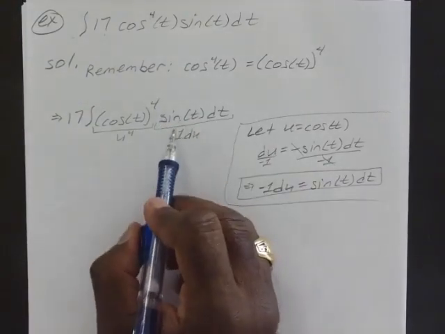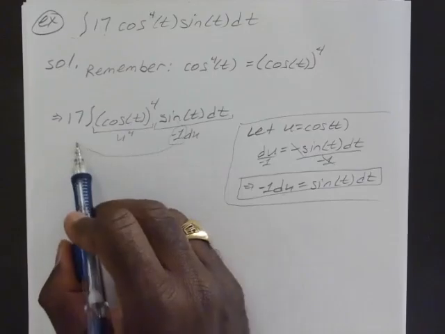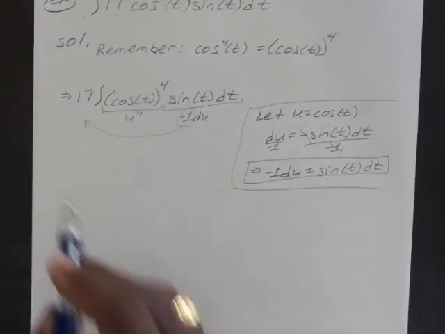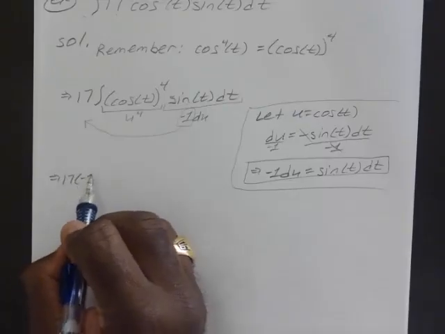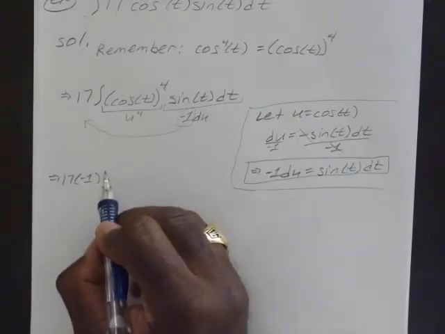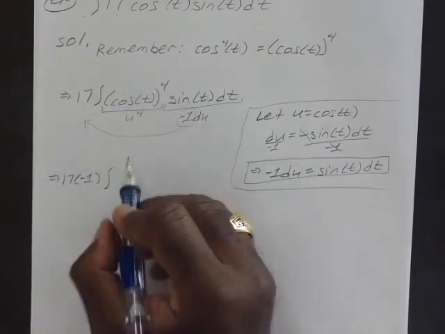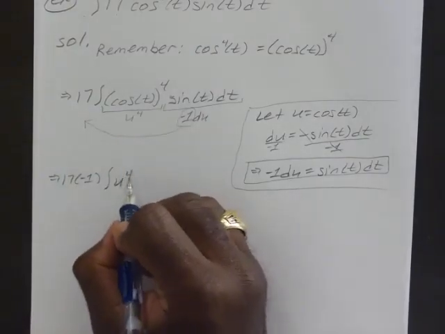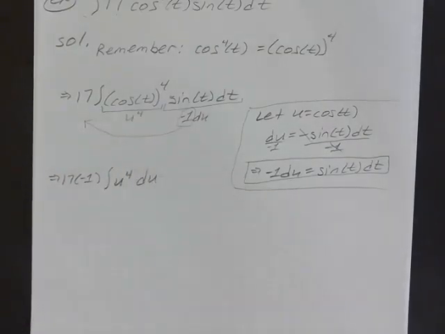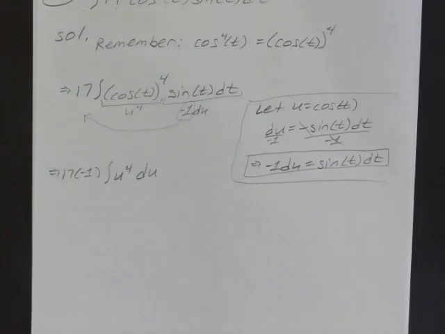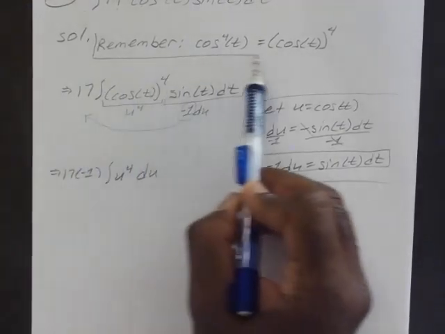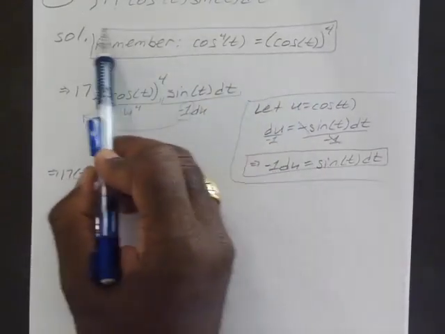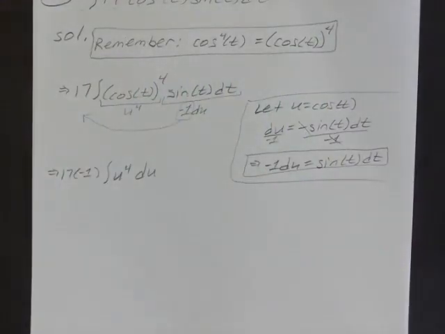So if we get that -1 and just factor it out to the front, we can have 17 times -1 times the integral of u to the fourth power du. And this part, I'll put a little barrier around it to separate it.